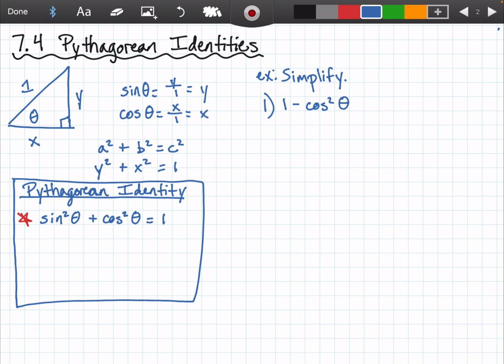What I'm wanting you to notice is that even though I have sine squared plus cosine squared equals 1, if I subtract cosine squared from both sides, I get 1 minus cosine squared theta. Hey, that's what I've just been given up here.